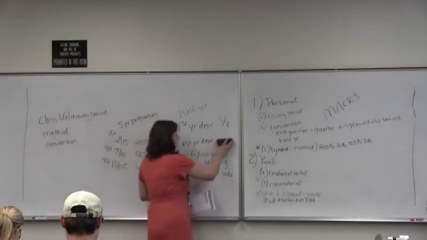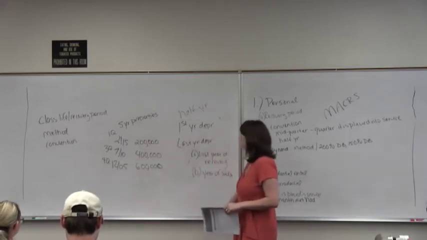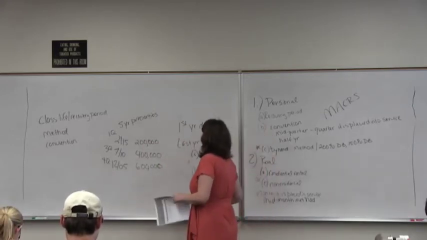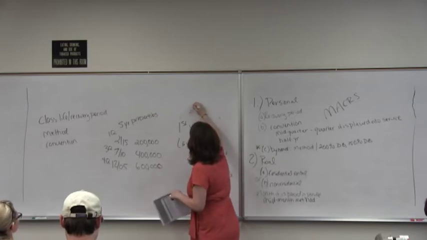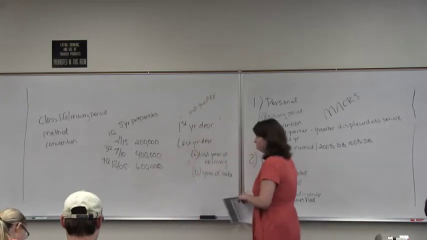Okay? So we have the same rules for the first year and the last year for mid-quarter as we have for half-year. We only care about the mid-quarter, really, in the first year and the last year.